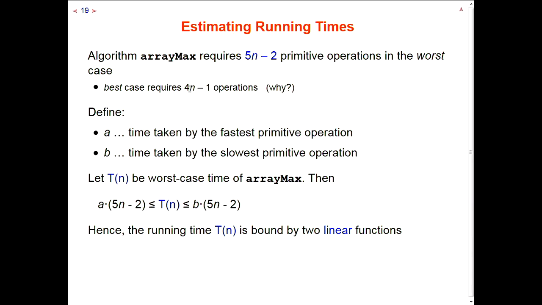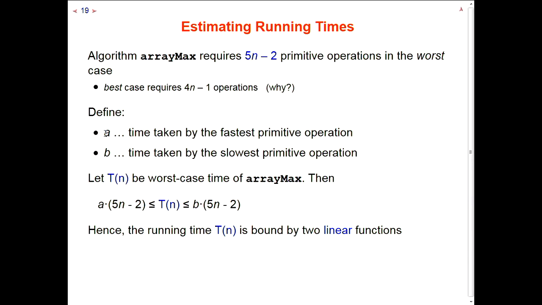Now the next question is, what does that tell us? We have now counted a few different things as primitive operations, and we don't really know how much time each primitive operation actually takes. But what we can say is that we just define a constant a as the actual time it takes the fastest primitive operation to execute, and b the time it takes the slowest primitive operation to execute.